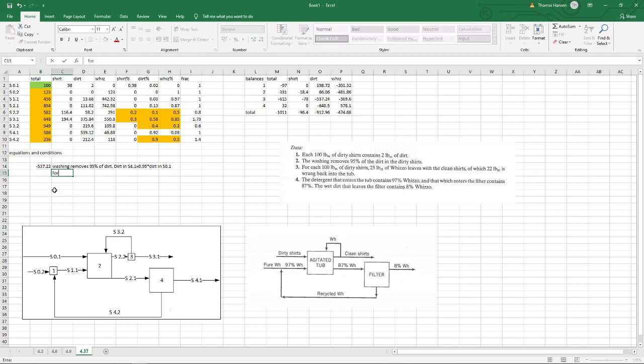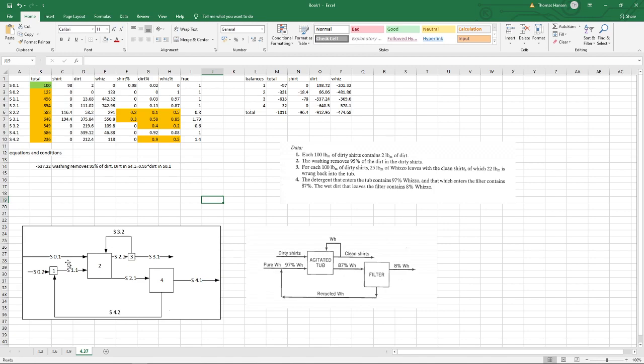Then we're told that for every 100 pounds of dirty, good question. Wouldn't it be 95% of S21? Not 2.1. When I was looking at it earlier, my first thought was that I have some dirt entering in 0.1, I have some recycling in 1.1, and I actually might have some recycling in 3.2.